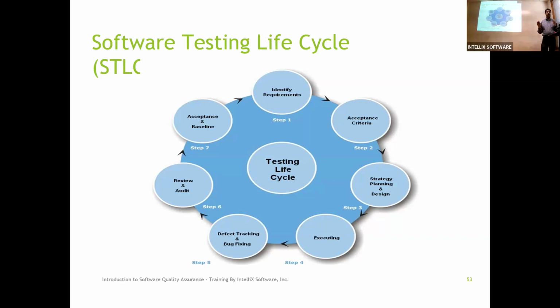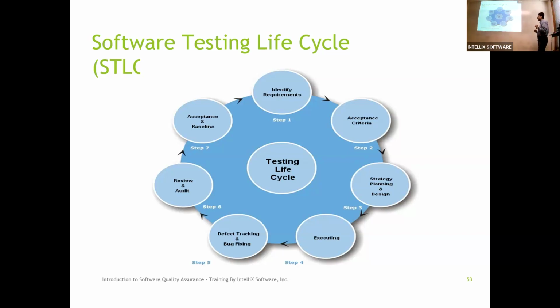Once you understand what is being built, the next thing you need to figure out is, how do I know it has been built successfully? There's something called acceptance criteria. How do I know when I will accept the software? So you lay that out as the acceptance criteria. So I have the requirements and the acceptance criteria.